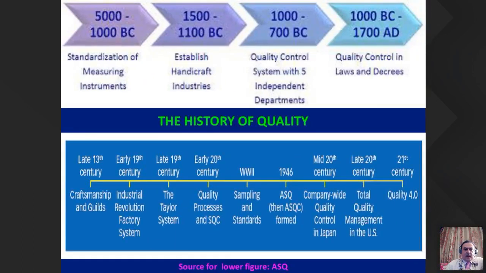Okay. For sure, if we start, my colleague mentioned the quality, but quality is an ancient thing, since before Christ, 5,000 to 1,000 years before Christ, where it was about measuring establishment.